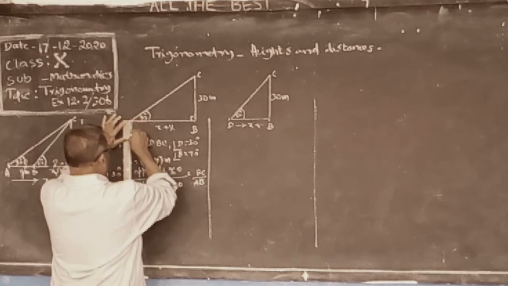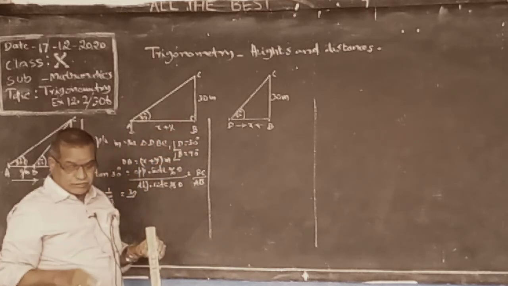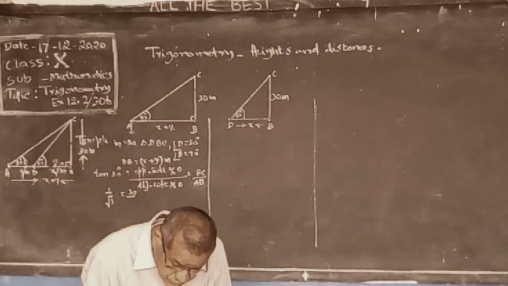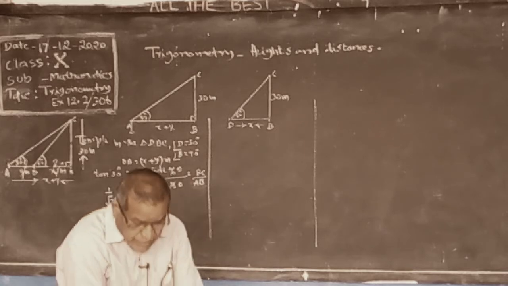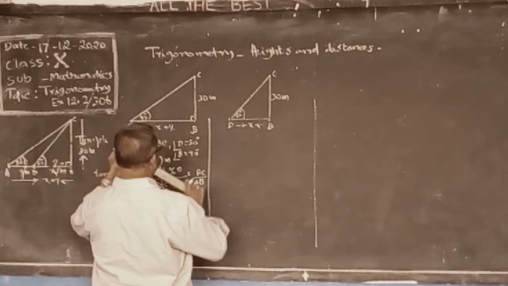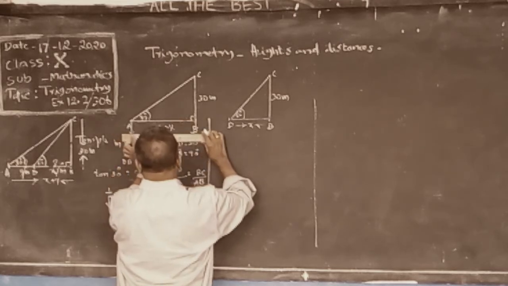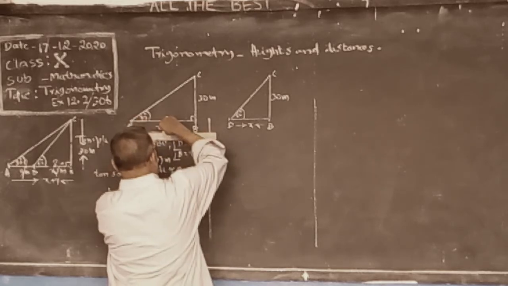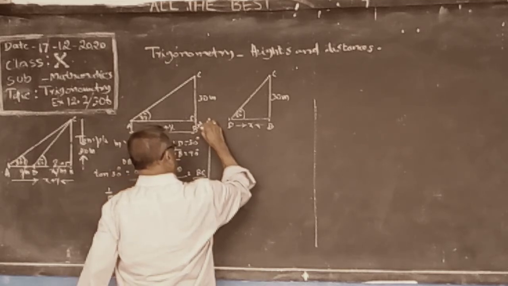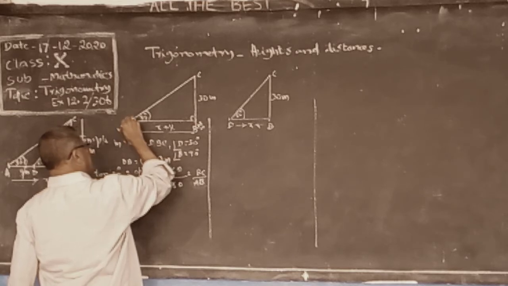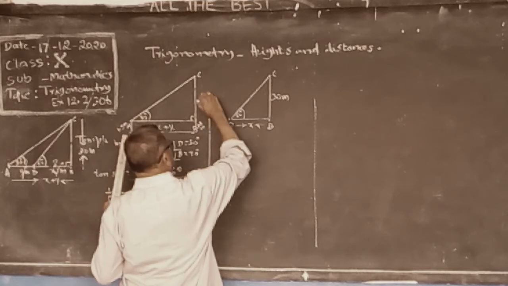The height of the boy is 1.5 meter. Then the actual height is 28.5 meter.